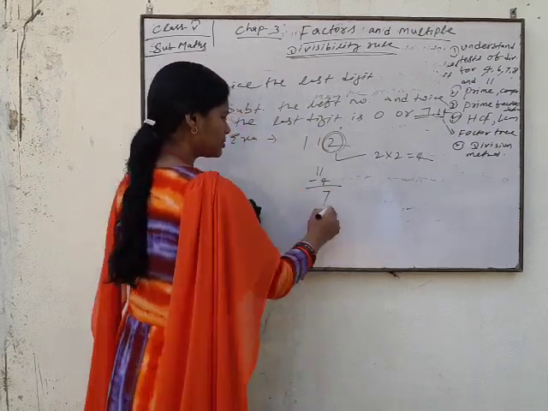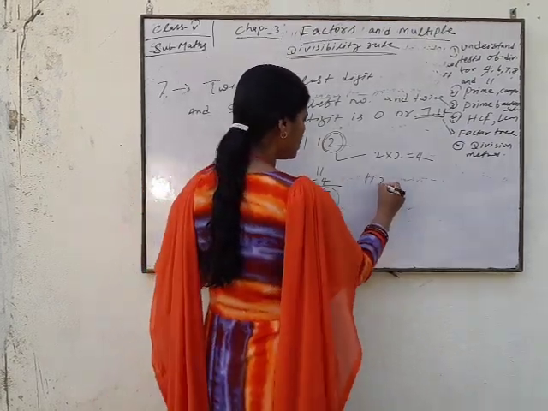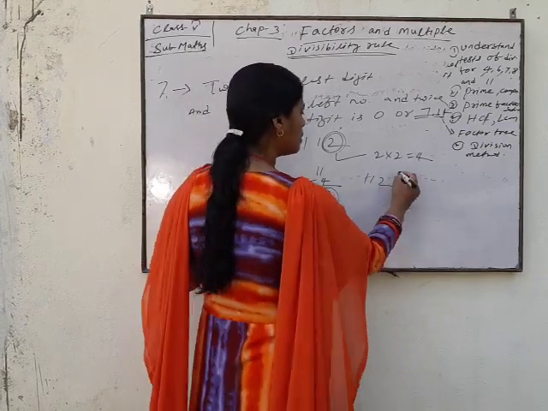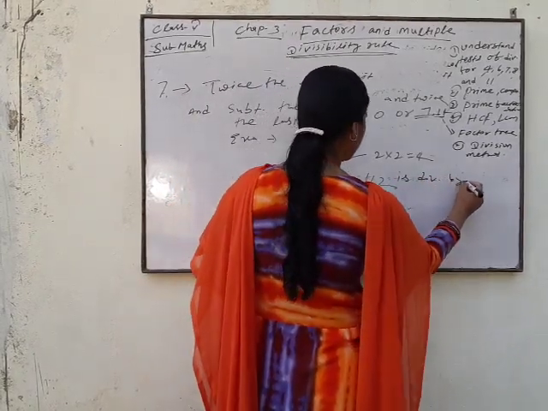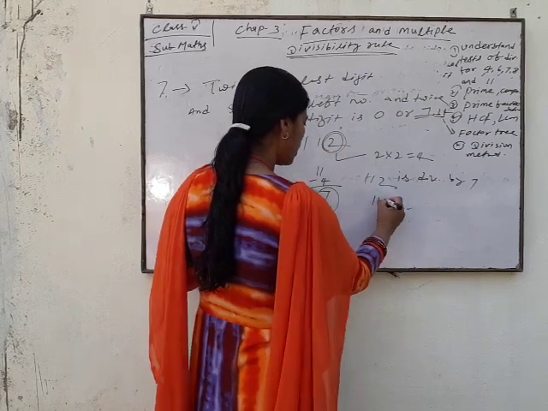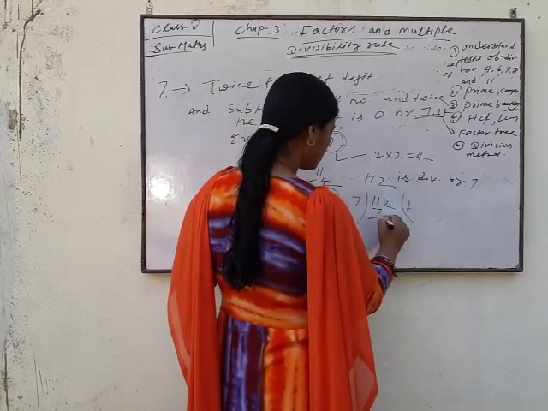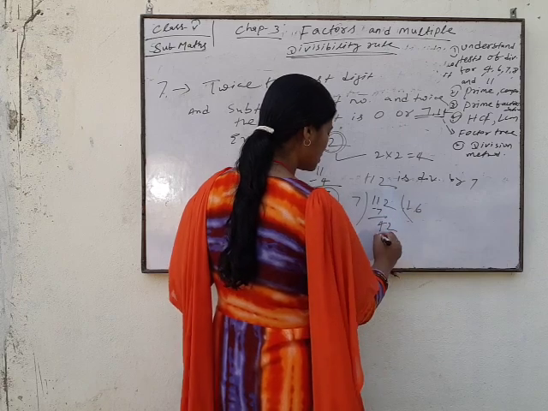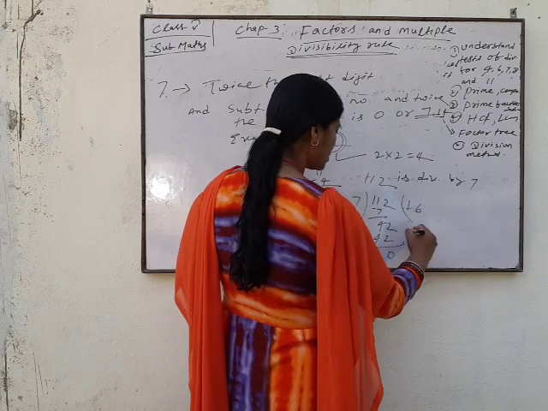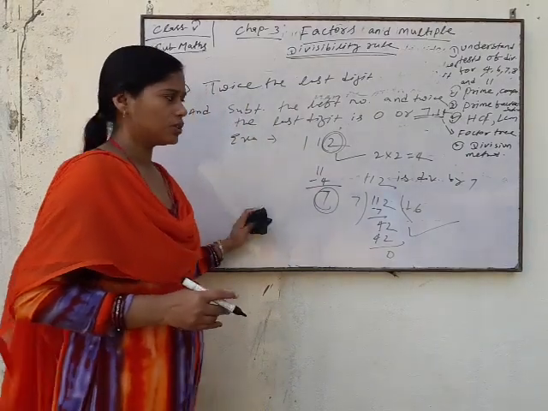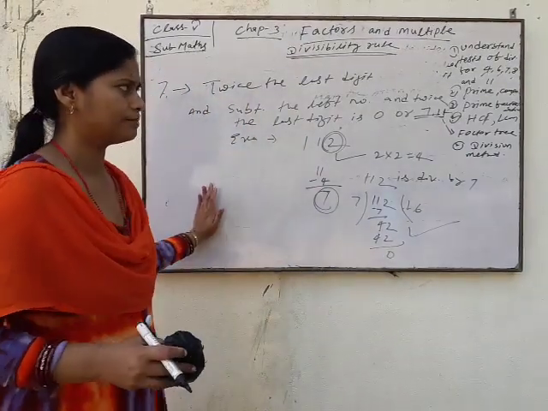Your difference is 7, so 112 is divisible by 7. If you divide 112 by 7, look here, this is completely divisible. So this is the rule for 7.